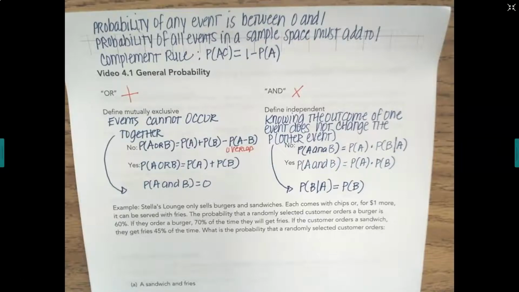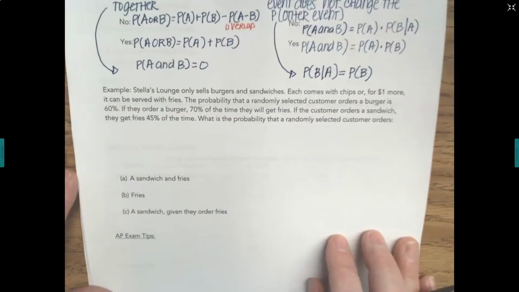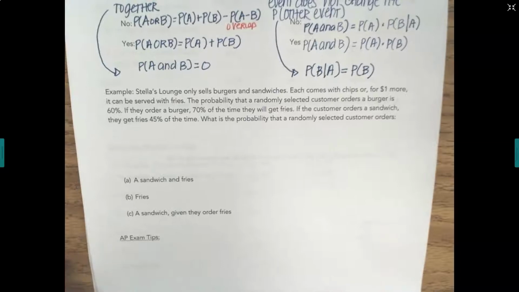All right, now we're going to do an example to kind of help you with this. One of the hardest things on the AP exam is being given a story problem and pulling out the information on it. So let's take a look at this, and we're going to pull out some information and answer some questions. In our example, Stella's Lounge only sells burgers and sandwiches. Each comes with chips, or for $1 more, it can be served with fries.